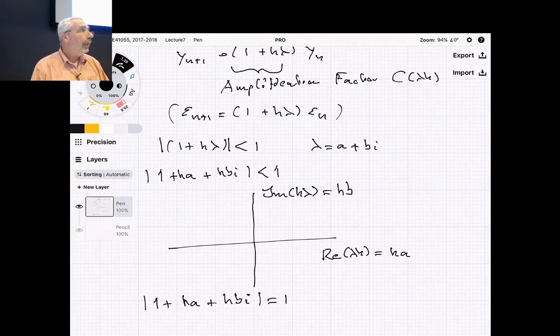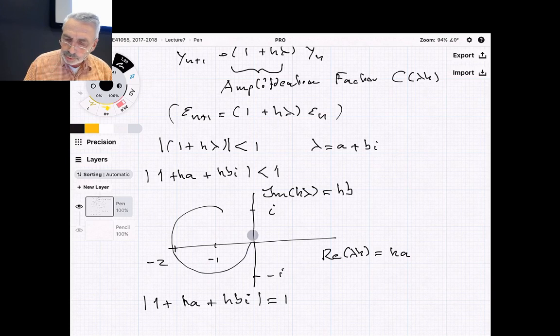Yeah, it's a circle, and it's shifted a little bit. With the plus 1, it's shifted to the left, because if a is minus 1, you are at the center. So this is minus 2, this is minus 1, and then this should be i and this is minus i. And then we get a nice circle around here.